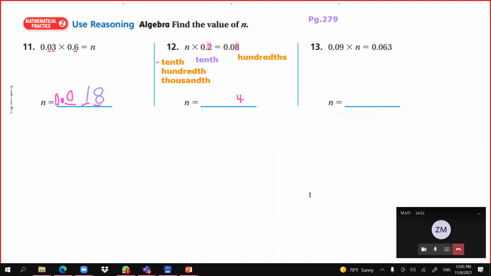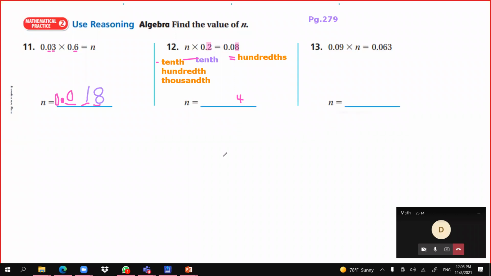Okay, which one? If I multiply tenths with tenths, do I get hundredths? Yes. So it's tenths. So that means the 4 is on the tenths place.